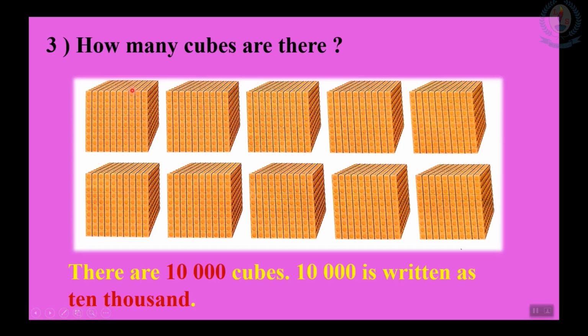Each big cube has 1000 cubes. Then shall we count 1000, 2000, 3000, 4000, 5000, 6000, 7000, 8000, 9000, then 10,000. After 9,000, 10,000 is coming. Then there are 10,000 cubes.